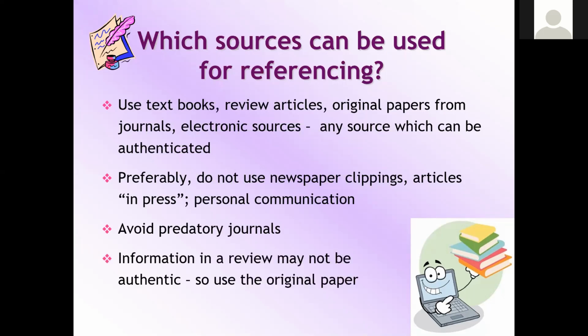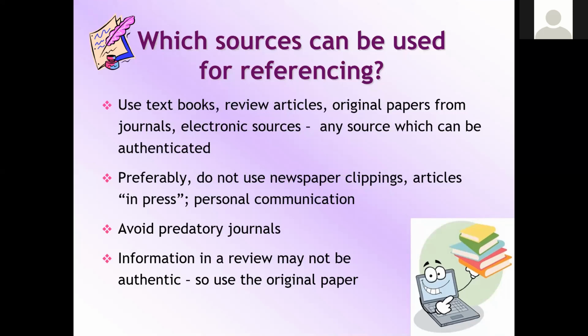And then last time somebody asked me whether we can use a review article to write a review of this thing. See, in ICMJE, they say that information in a review may not be authentic. So they say use the original paper, because when somebody is writing a review, what is that reviewer doing? That reviewer is giving his point of view on that subject.